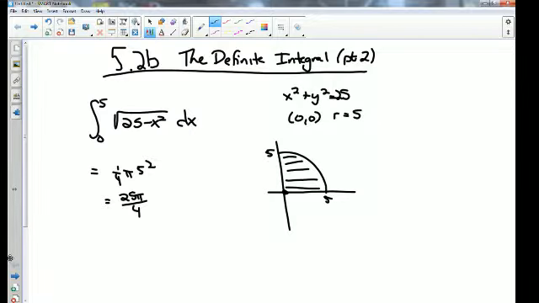Where's the 1/4 pi? This is circle area. The area of this quarter circle is 1/4 of pi r squared, so 1/4 of pi times the radius squared.